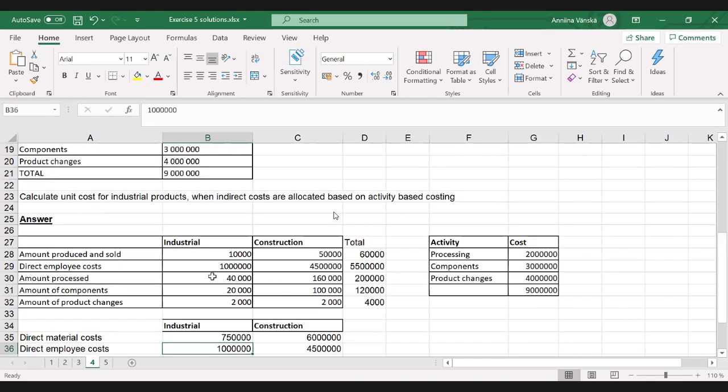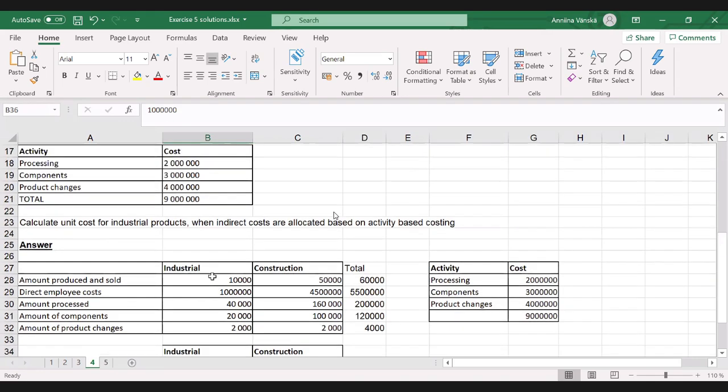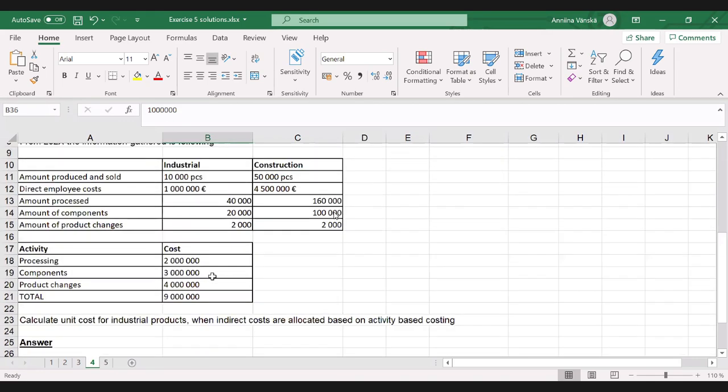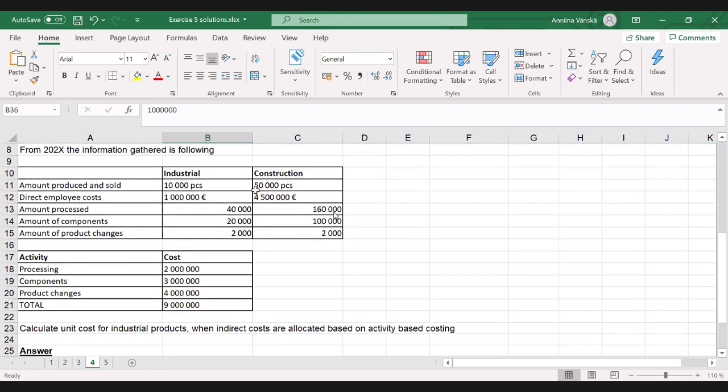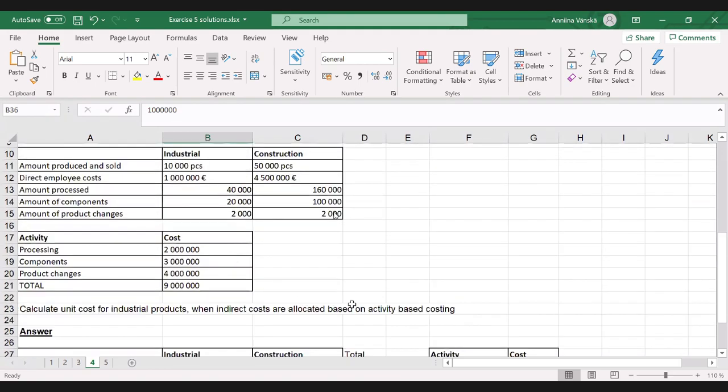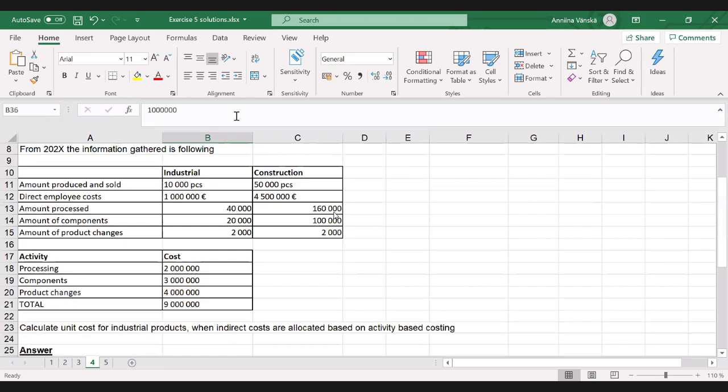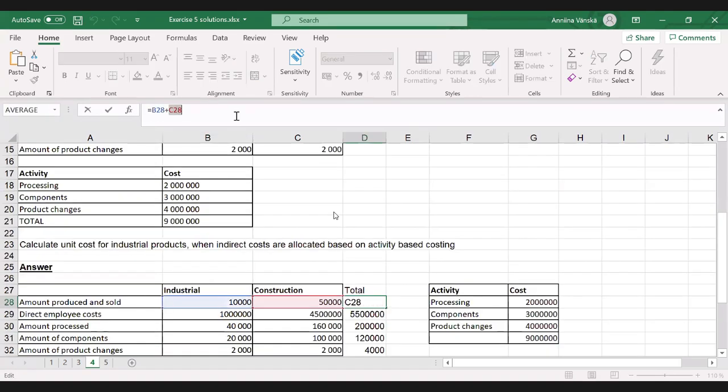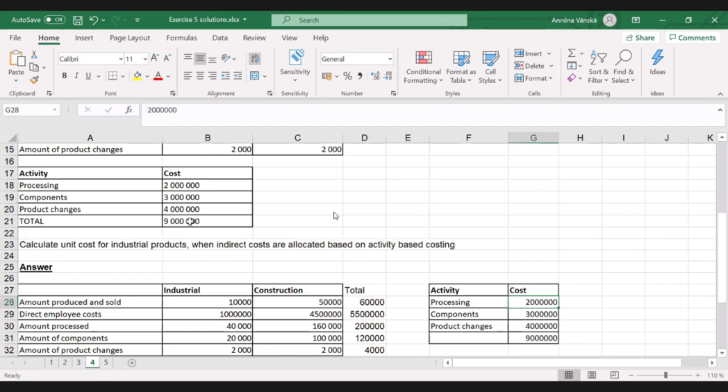So a bit of repetition from above. Kind of this, but without the pieces and euros, otherwise the same. And then we just calculated here what the total produced and sold amount is, what the total direct employee cost is, and so on. And then we know, kind of repetition from here, what the costs are per different activity.